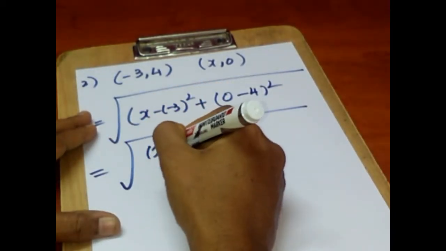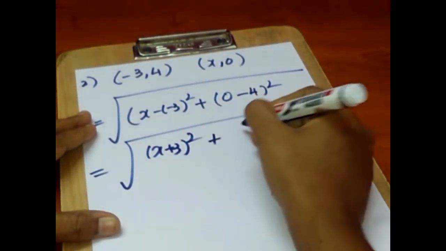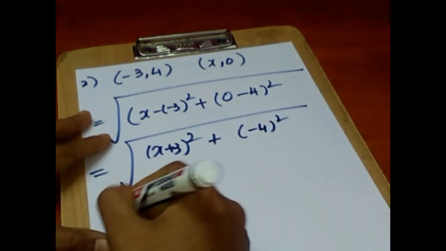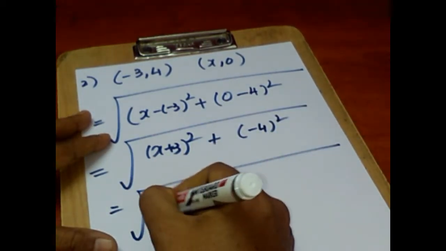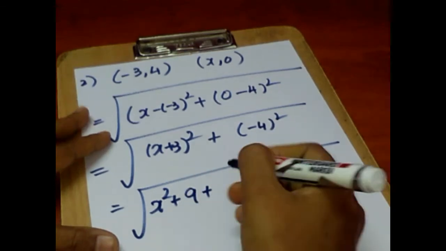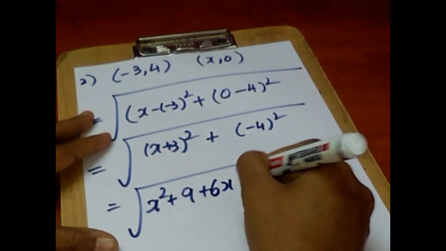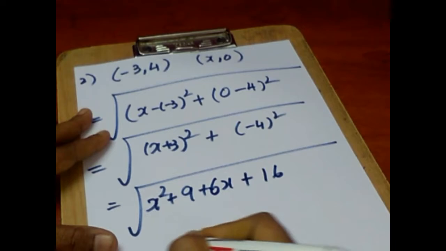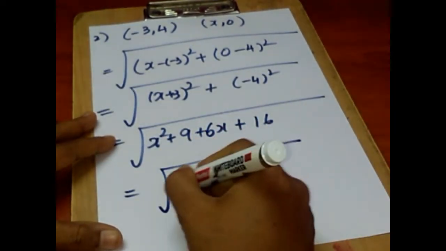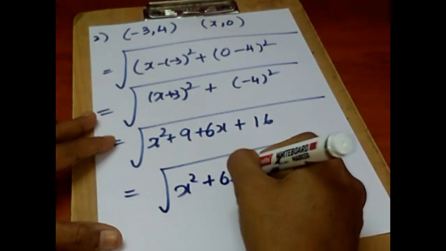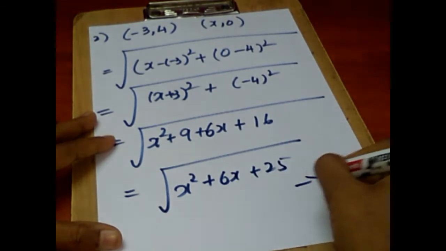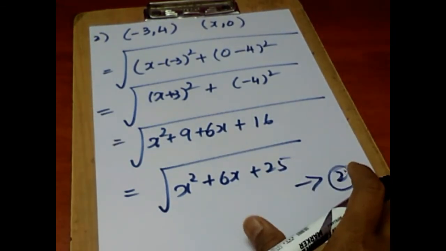Minus into minus is plus. So x plus 3 whole square plus minus 4 whole square. a square is x square, b square is 9, 2ab is 6x, plus 16. Hence the value is square root of x square plus 6x plus 25. Mark this as result number 2.